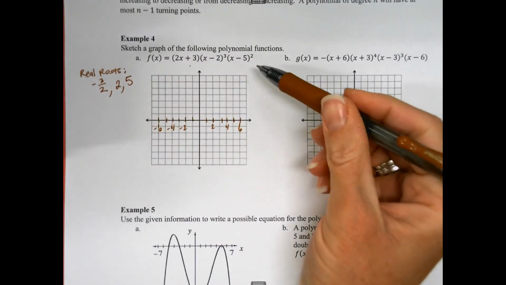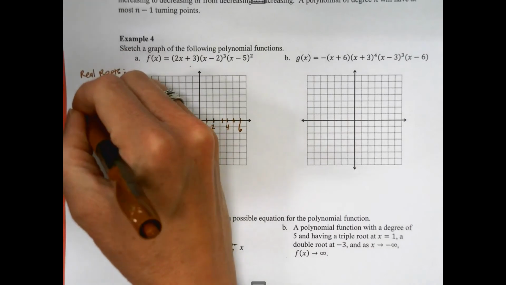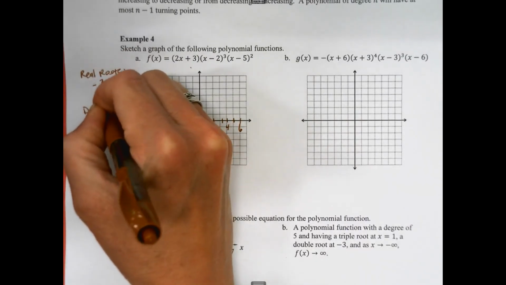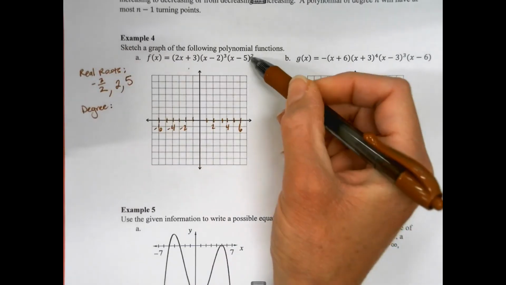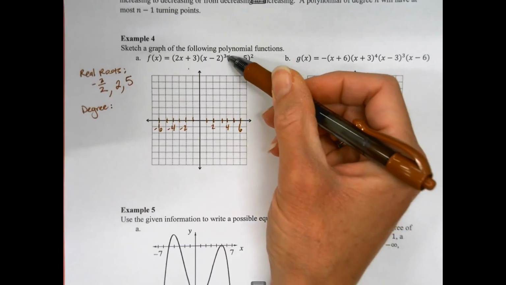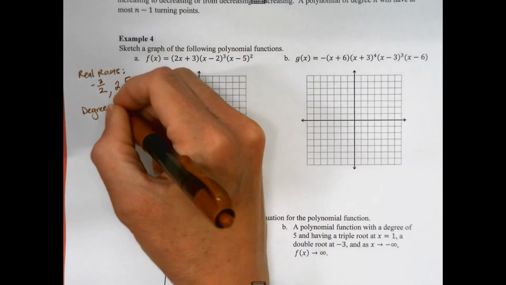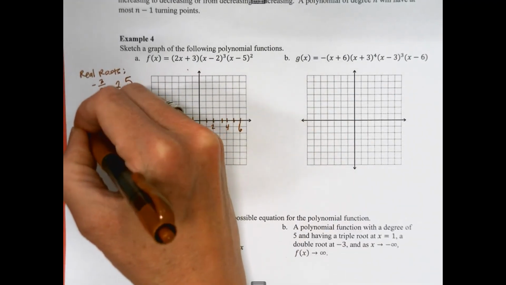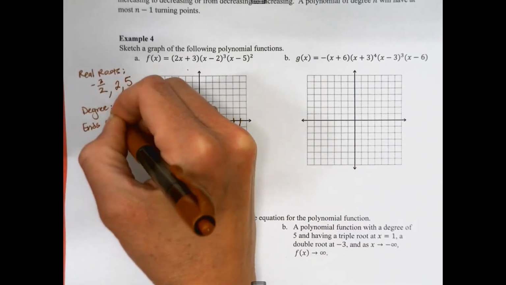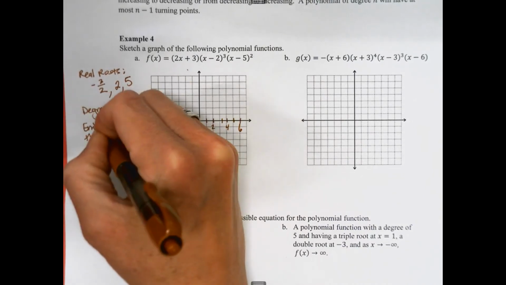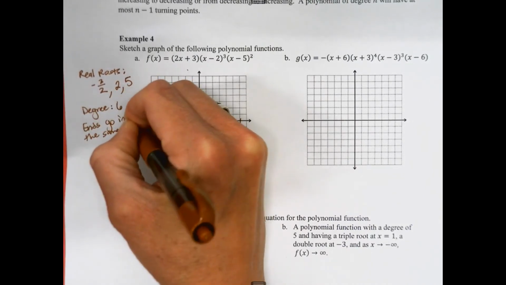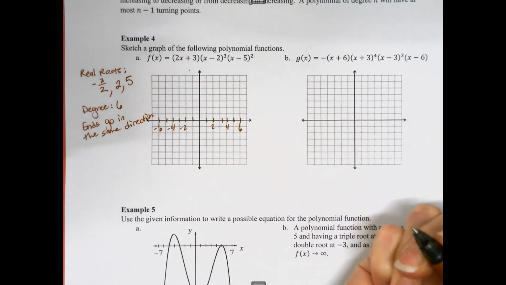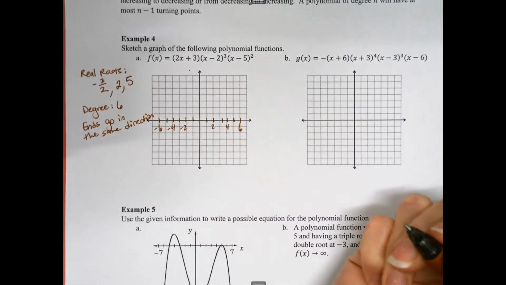Other things that we know is that this is a degree of, 2 plus 3 plus 1 is 6. So it is even. So the ends go in the same direction. They're either going to both go up or they're going to both go down.